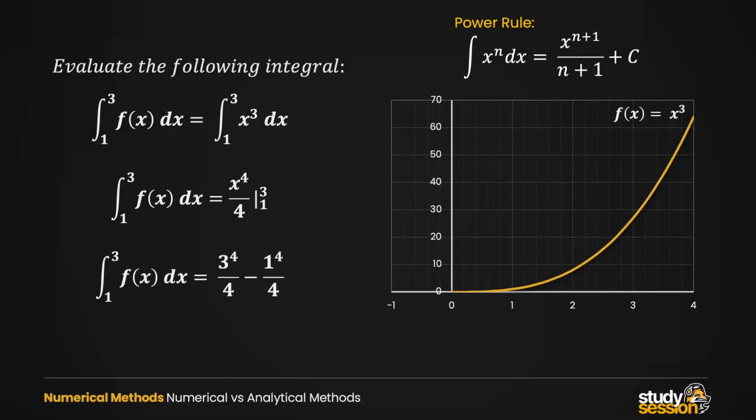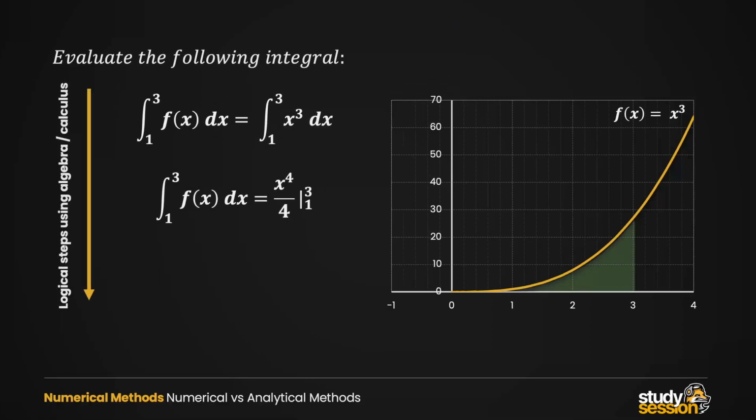We can now evaluate this at the upper bound and at the lower bound and subtract the two. 3 to the 4th power is 81, and 1 to the 4th power is simply 1. As they have a shared denominator, we can subtract the two, and we get 80 over 4, which simply reduces to 20. And here the answer is exactly 20, not 20.001, not 19.999. It's exactly 20.